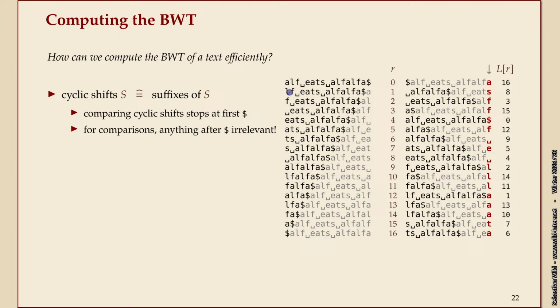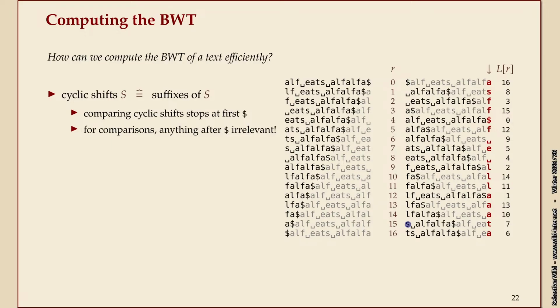So whenever the comparison supposedly reaches the dollar symbol, you're not going to look after because that one decides the comparisons for sure. So between any two strings, if you compare them, at the very last with the first of the dollars, you know which is smaller, which is bigger. The dollar decides.